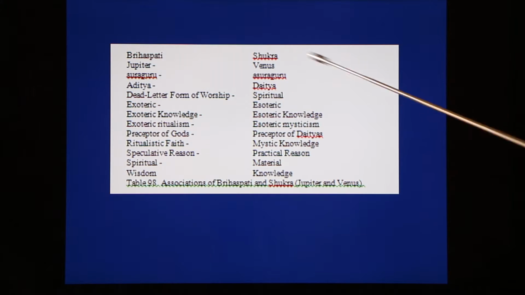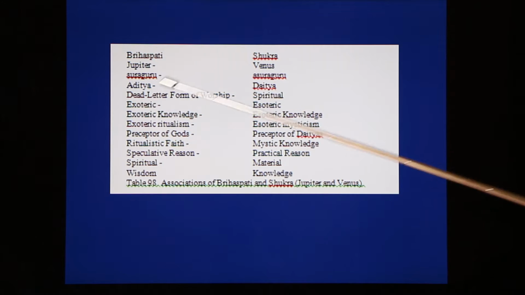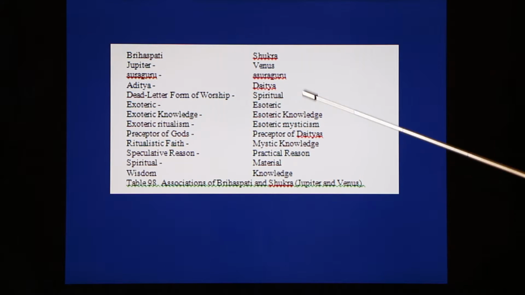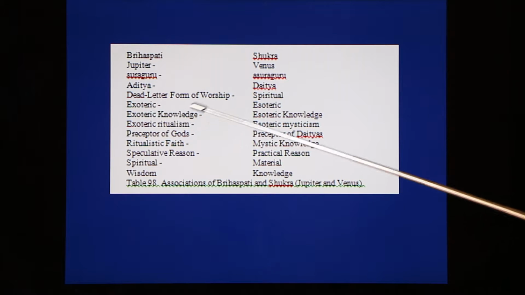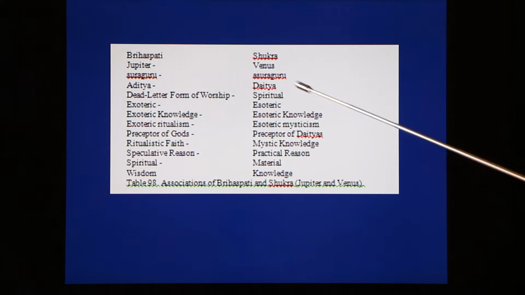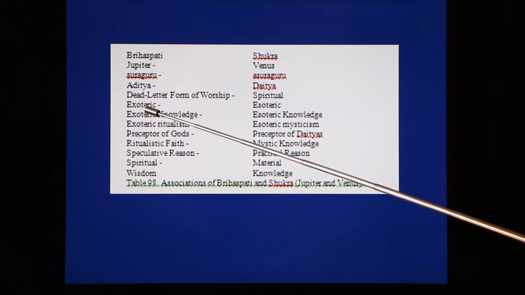And there is a fundamental contrast between two gods, Jupiter and Venus, or Brihaspati and Shukra, who produce one teaches the Adityas and the other the Daityas. One is connected with dead letter form of worship, the other is spiritual. One is exoteric, so everyday.